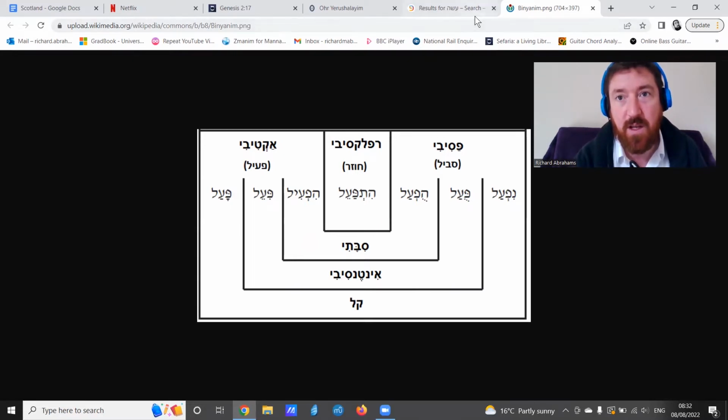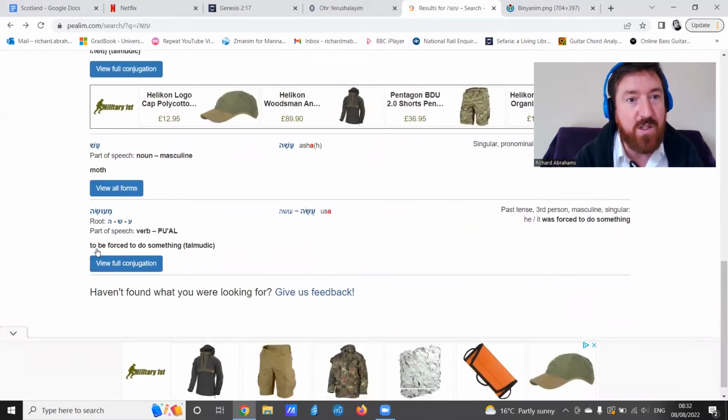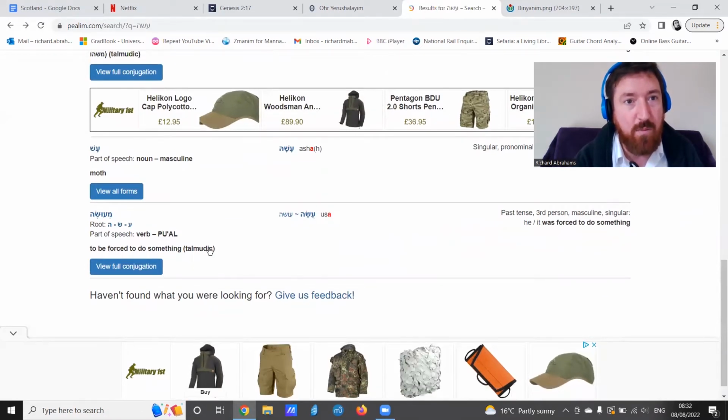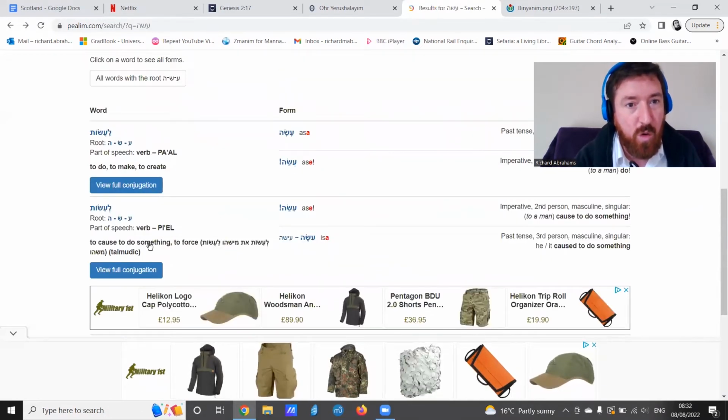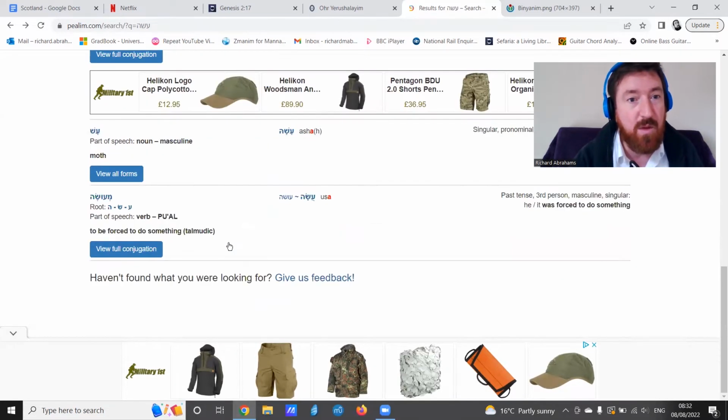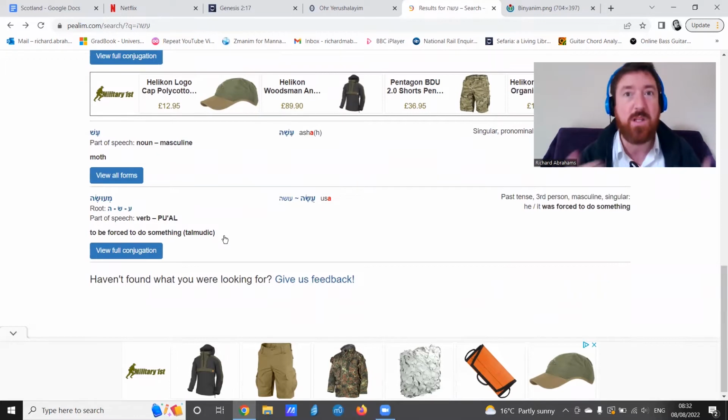So let's look at the definition. Well, the definition is to be forced to do something, okay? Well, the pi'el was to cause or to force to do, right? But this is to be forced, and that's really the difference between the active and the passive. One is to do, and the other one is to be done to, okay?